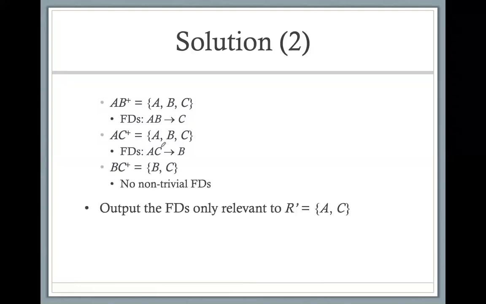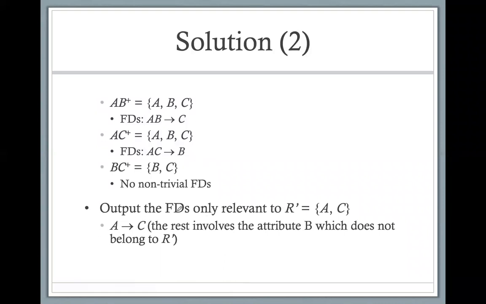And this one doesn't have any non-trivial functional dependencies. So you get from all of this that A determines C is the only relevant functional dependency that you could deduce from the original table once projected on R dash. Okay, questions?